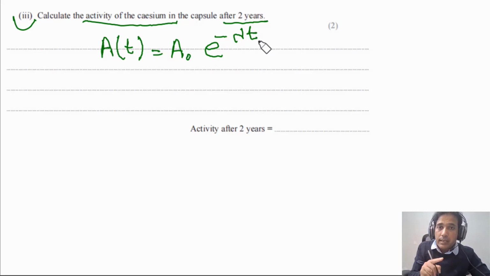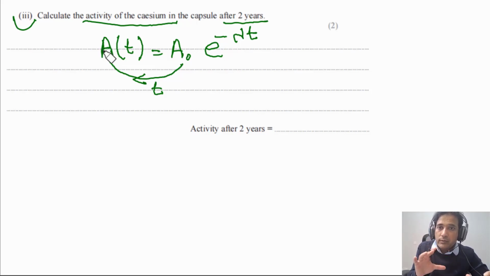Time passed is the time taken for the activity to decrease from the initial activity to this value. So this is the remaining activity after time t, and this is the time taken from the initial activity to decrease to this value.